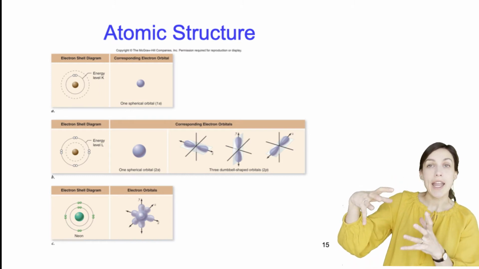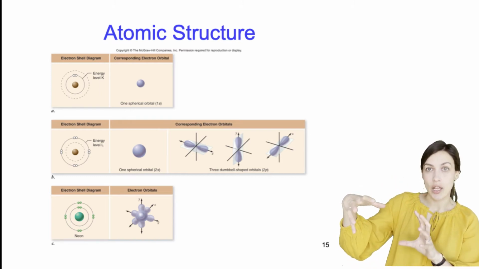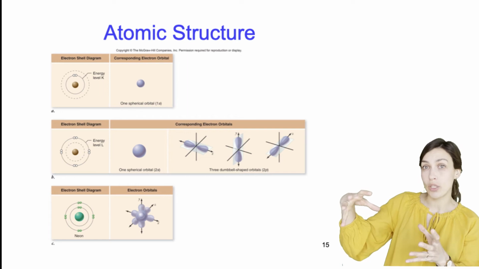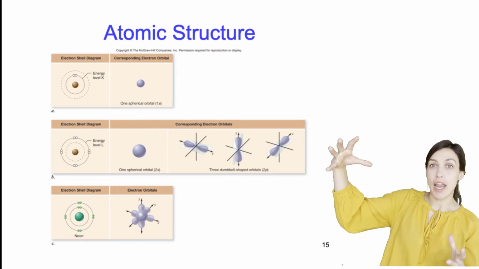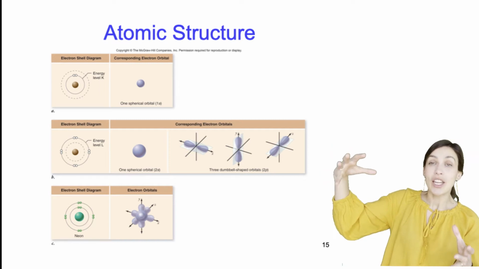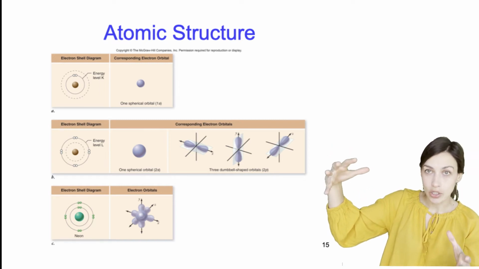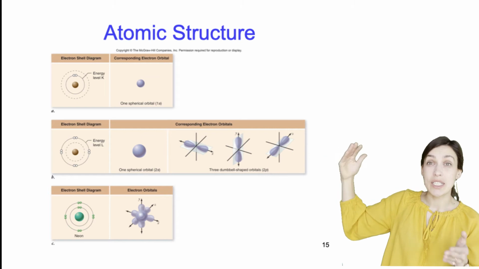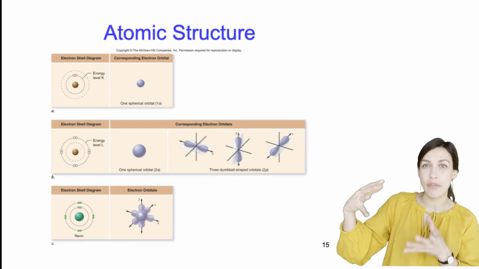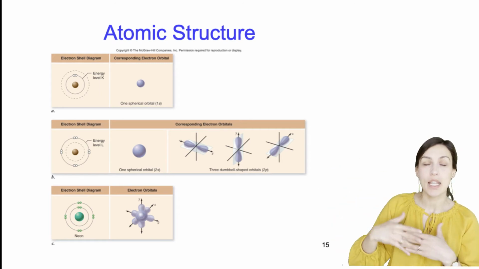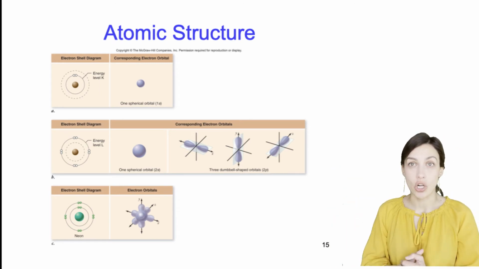The second energy level or energy shell, so the area further away from the nucleus, can fit up to 8 electrons, and the third energy level or energy shell can also fit up to 8 electrons, and so on, just going to continue being 8. You just need to remember the first one only fits 2, but everything after that, for our purposes, fits up to 8 electrons.